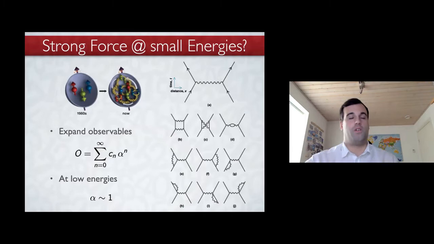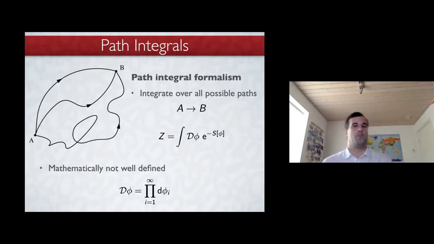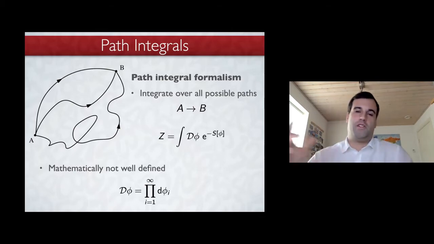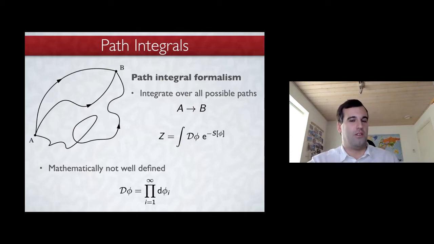The method I use more specifically is the so-called path integral formalism. The idea here is also simple: integrate over all possible paths we can construct between a point A and a point B in space-time. If I write that down formally, we have something which we call the partition function Z, and this is just an integral over all the possible paths we can find.